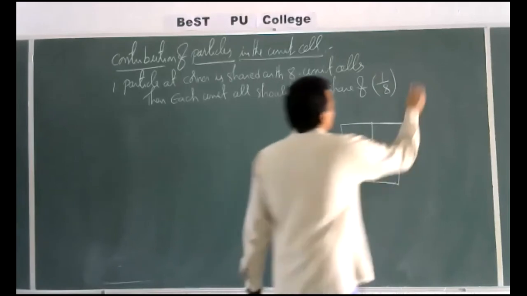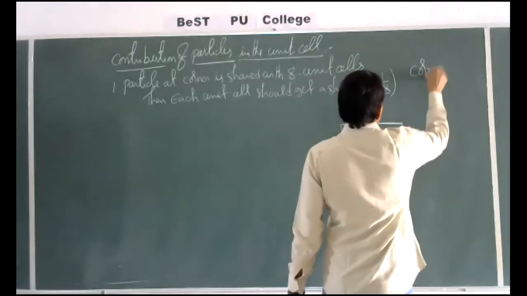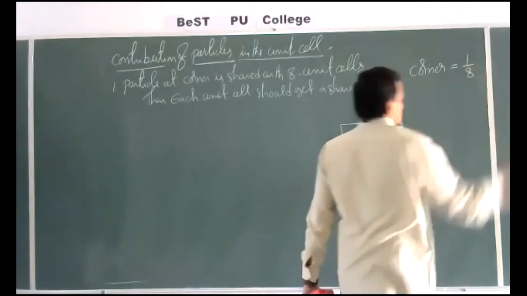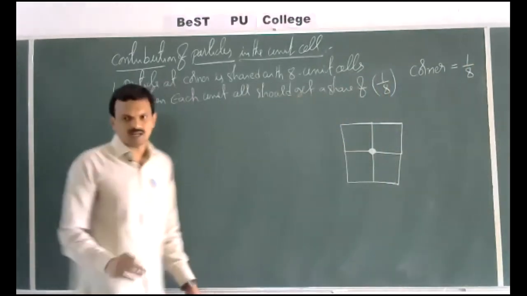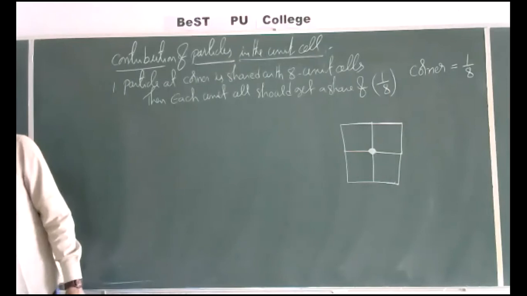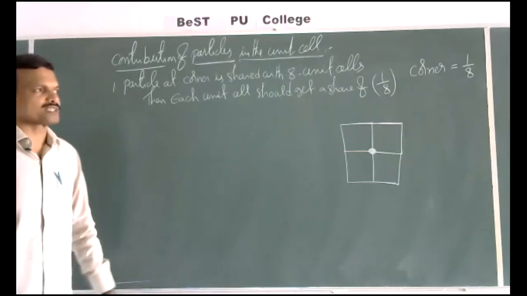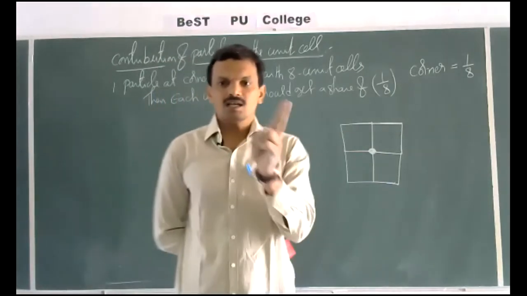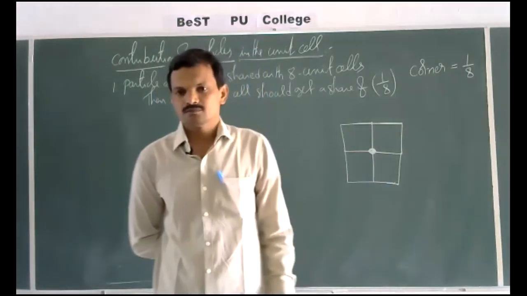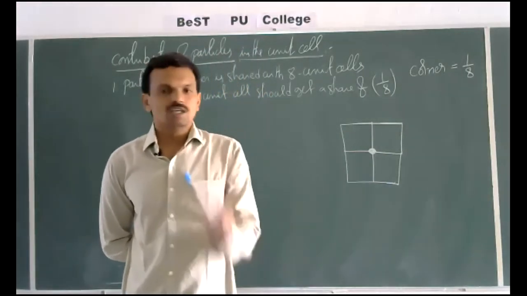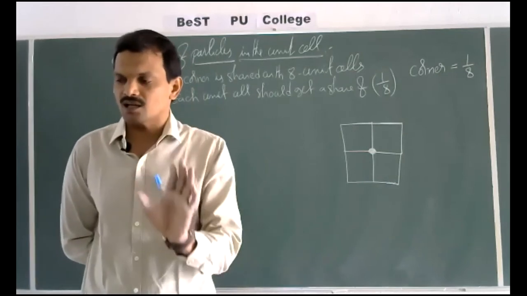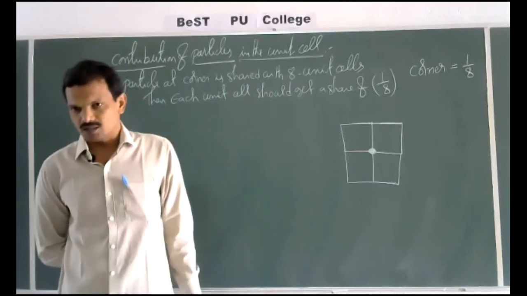So if any particle is present at the corner, its contribution to the unit cell is 1/8 only. The total particle does not belong to the unit cell. That means each unit cell should get a share of 1/8 particle only, not a total particle.